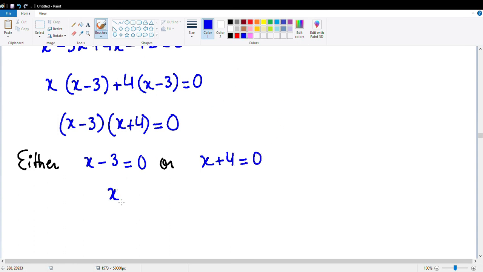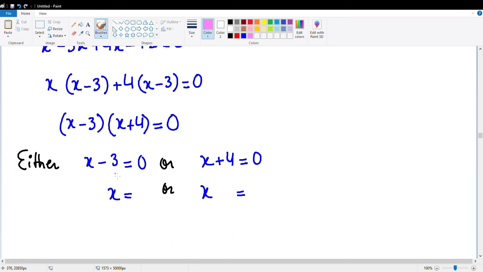So in the first one, we're going to get x equals 3, or, so x equals.